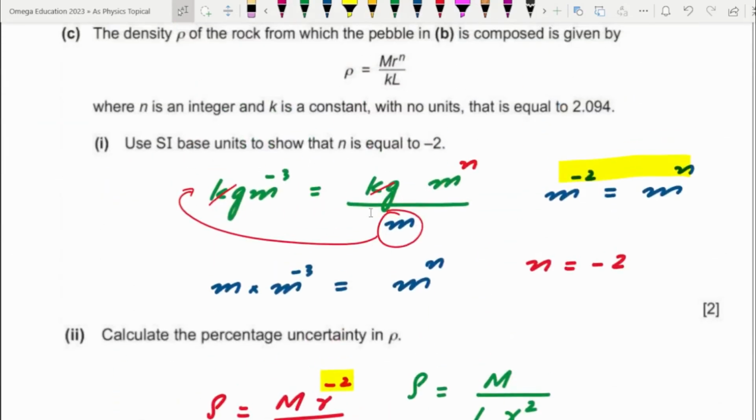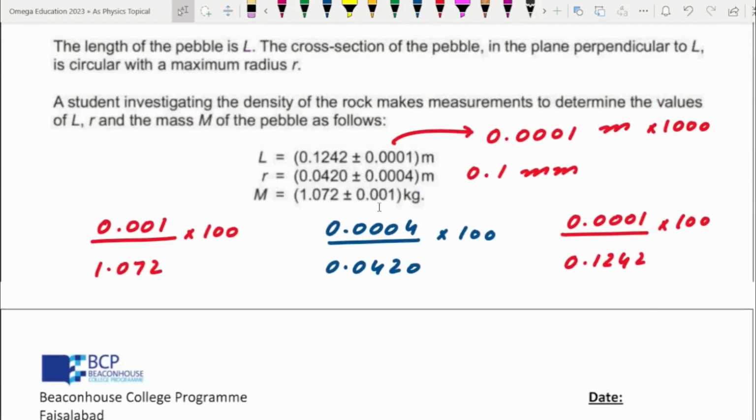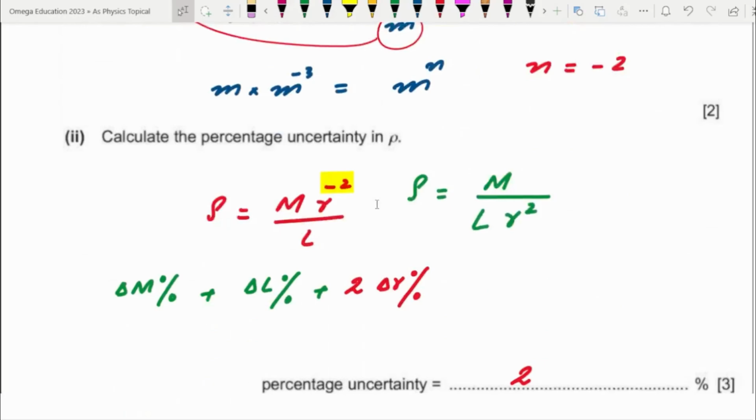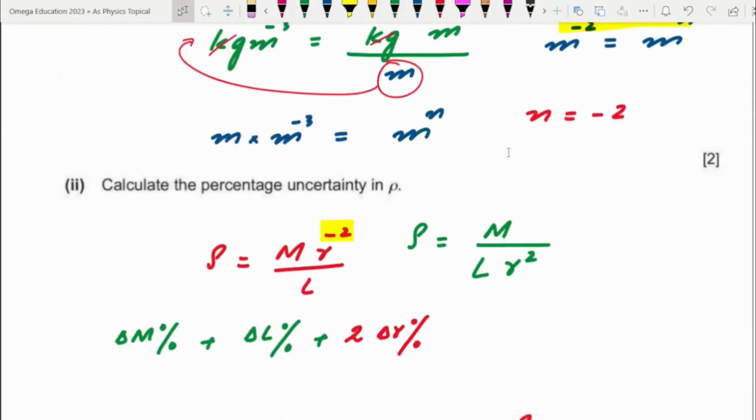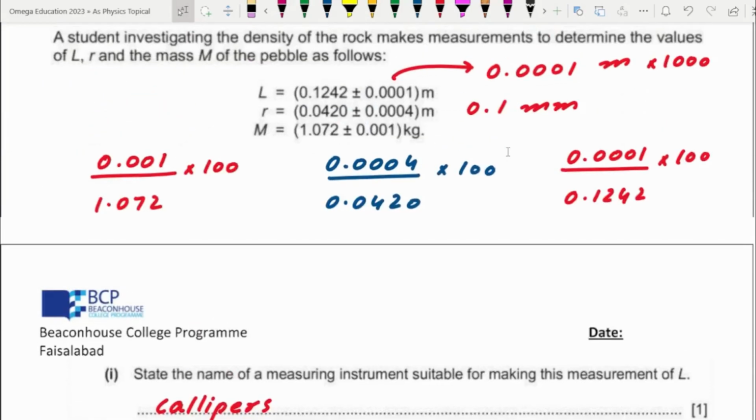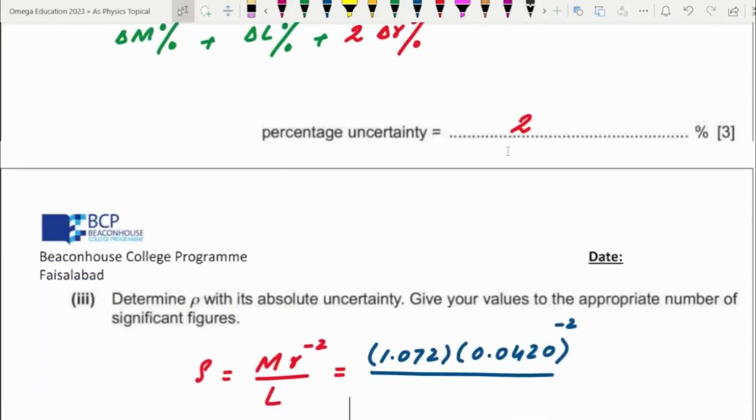What is the value of r principal value? 0.0420. 0.0420 raised to the power -2. You can add the negative power in calculator. It's not difficult. So what is length principal value? 0.1242.